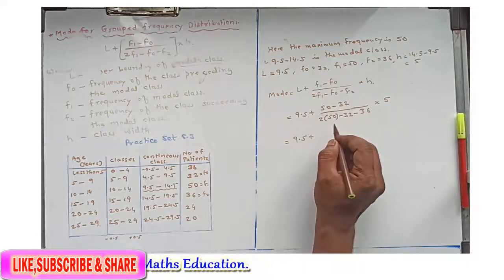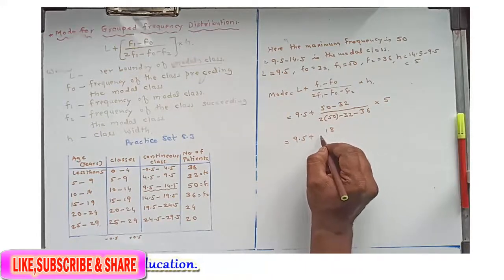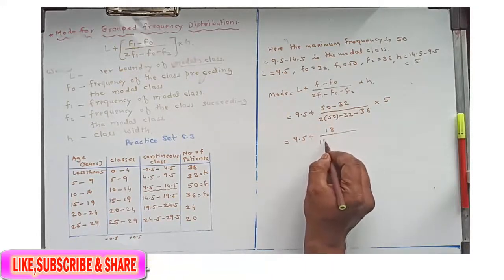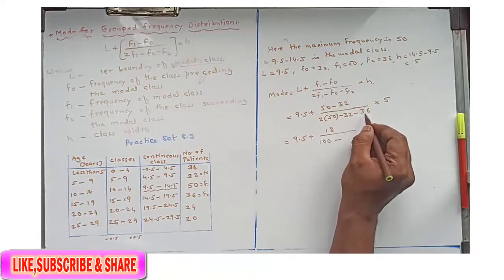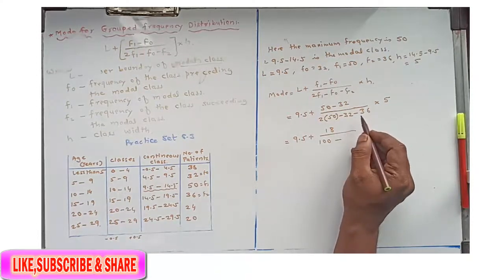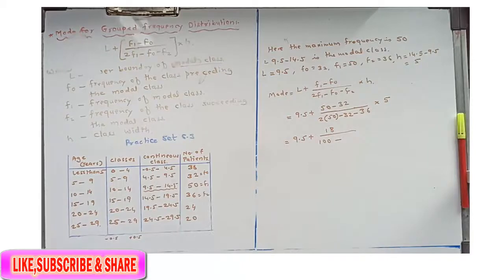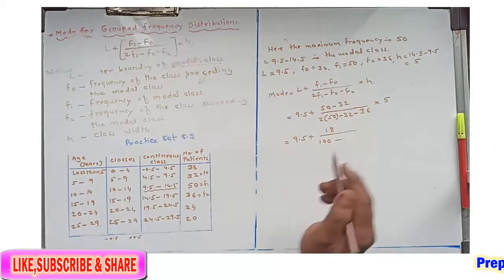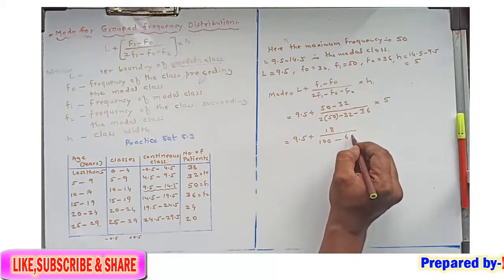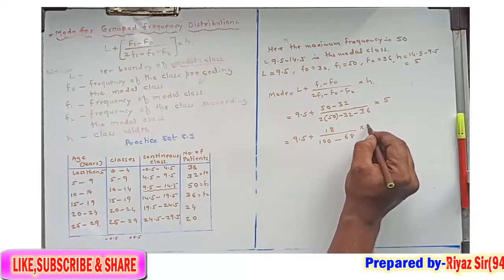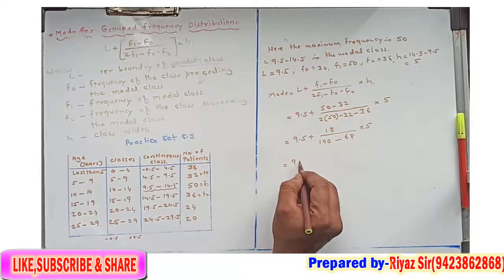So 50 minus 32 is 18, divided by 100 minus 32 minus 36. Minus 32 minus 36, same sign is there, so always do addition, and you will get minus 68, into h, that is 5.